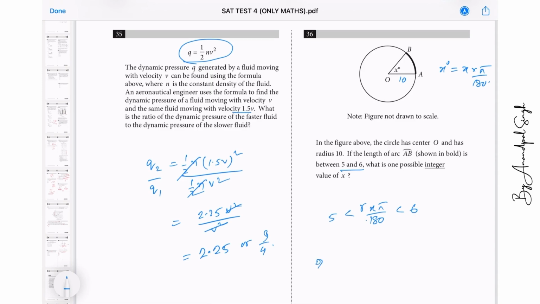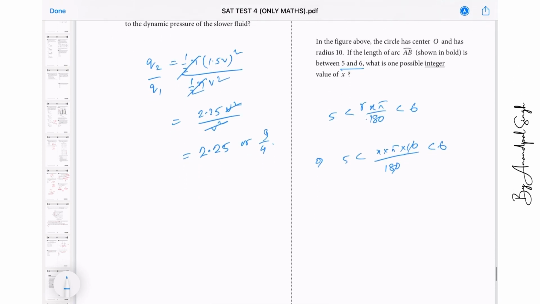So let us put the value of r. So 5 should be less than x into pi into 10 over 180, less than 6. 10 and 10 cancel out. Multiplying by 18, we get 90 by pi less than x less than 108 by pi.